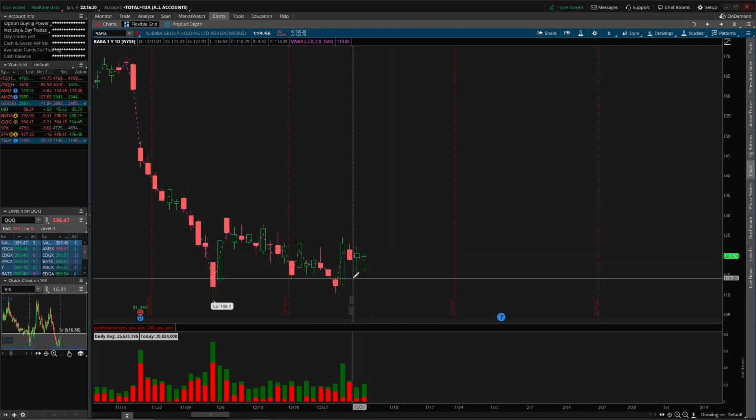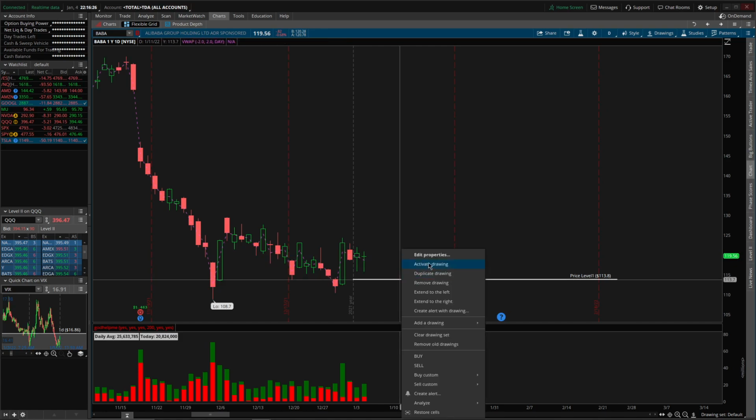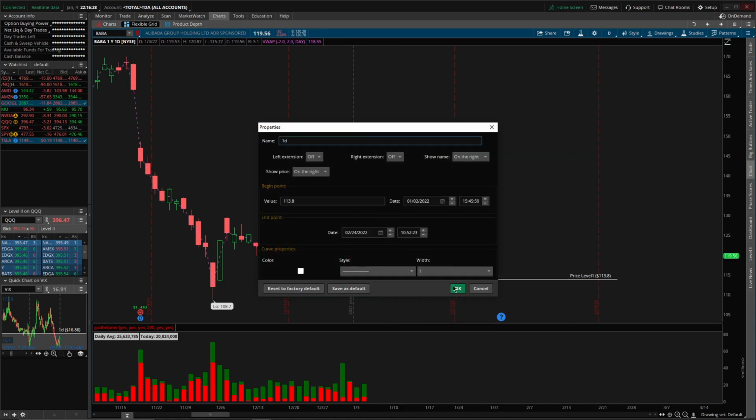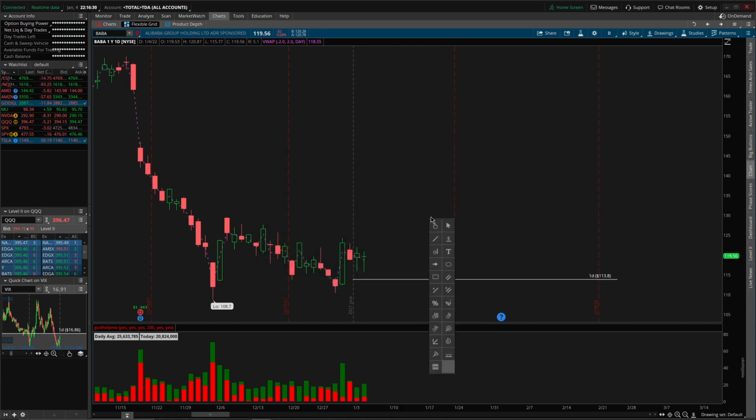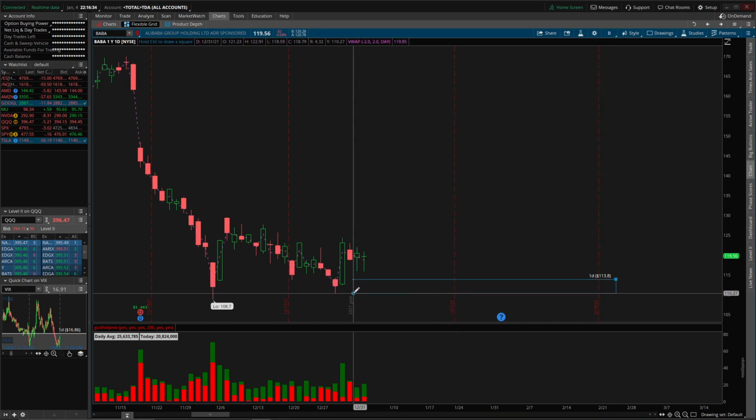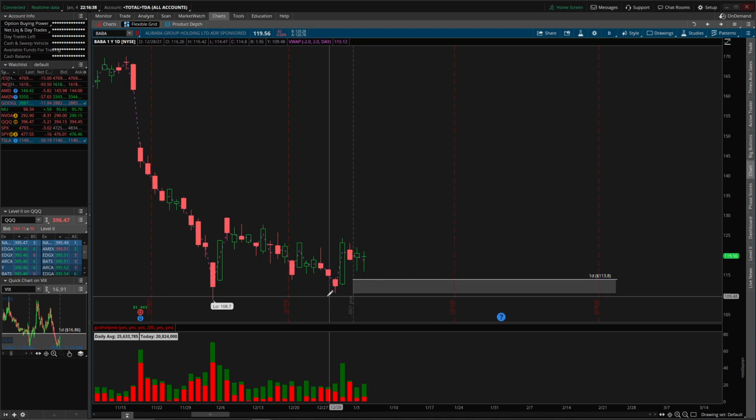So for this one, I'm just going to eyeball it. I'm just going to say that the start of this candle is going to be 113.8, and I usually like to label my zones as I go. Then the close, or the lowest point, will be the close of my demand zone. It'll be the low of this candle.